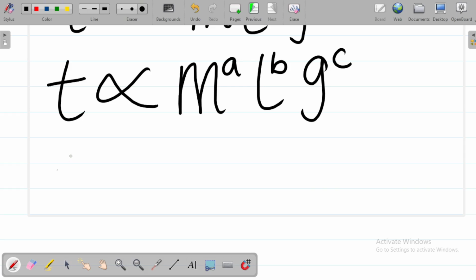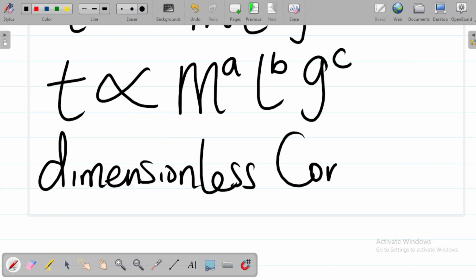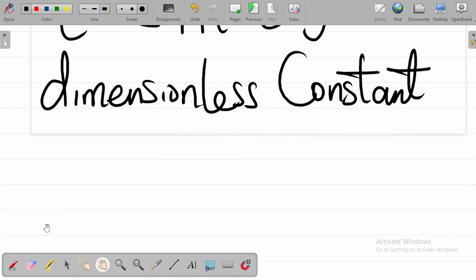So our next task is to introduce a dimensionless constant. Let's say k is the dimensionless constant.